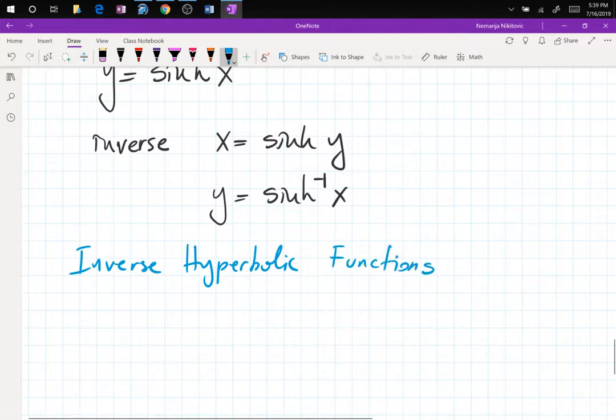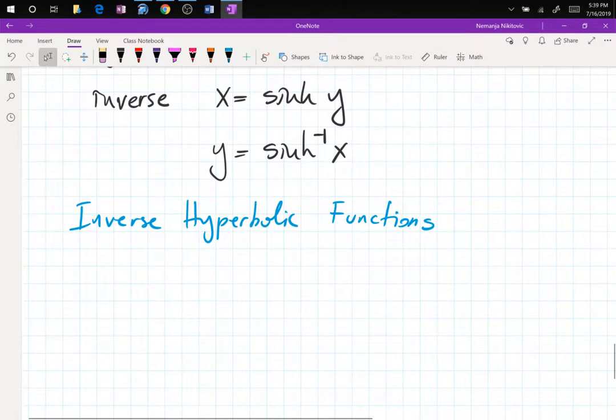And if your hyperbolic functions were given with exponential forms with e to the x, then common sense is that the inverses will have ln's in them. That should be just common sense. So cosine hyperbolic inverse, and you don't have to memorize these formulas.